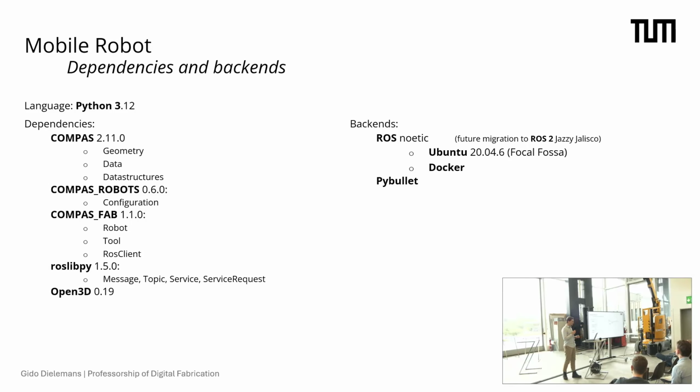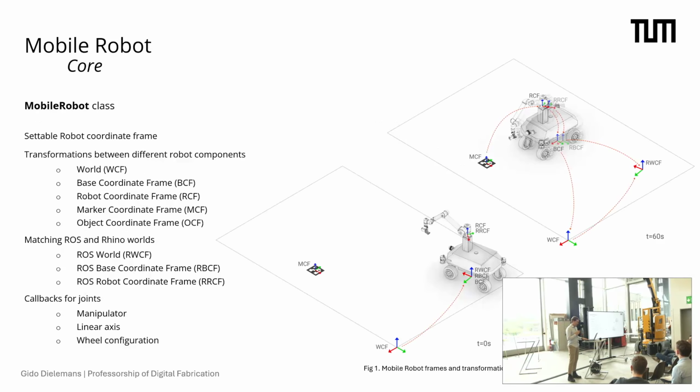Currently, our robot is based on ROS Noetic, so that's ROS 1. There will be a migration soon to ROS 2, and we're very excited to see how we can implement that as well. And as I mentioned before, we have PyBullet for motion planning itself.